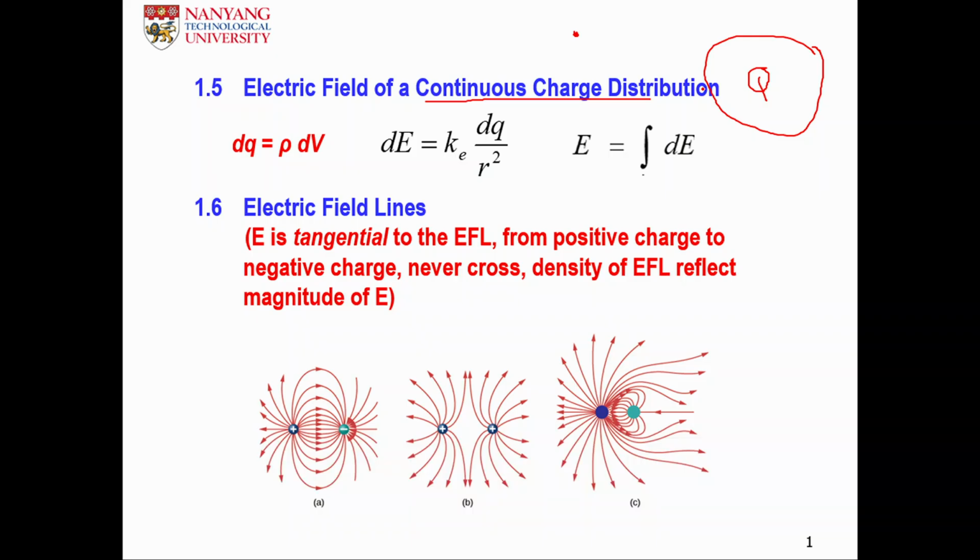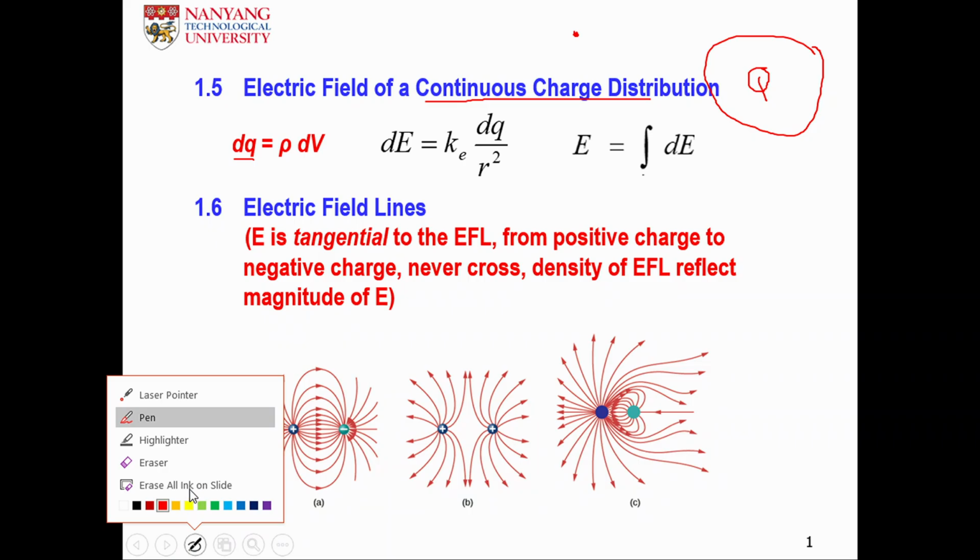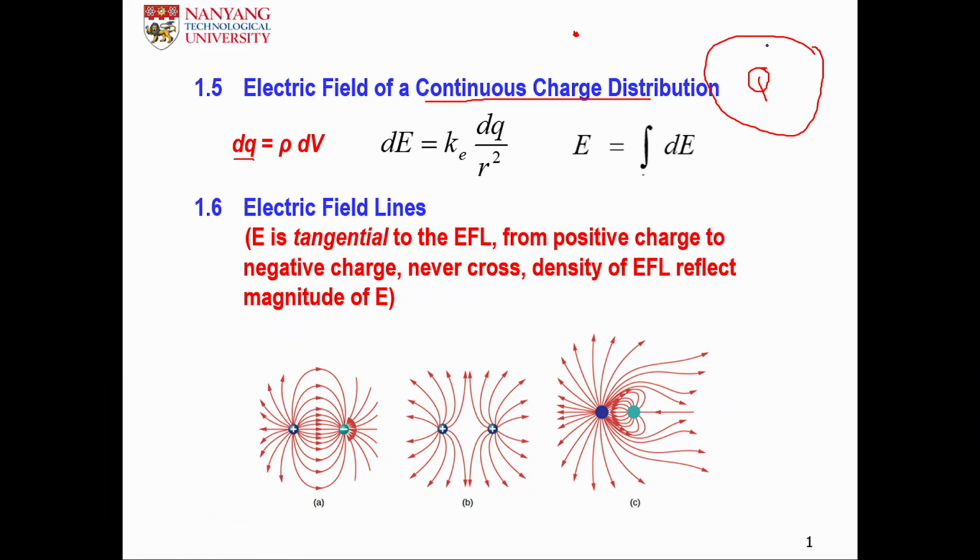The way we do it is first we purposely create or identify an artificial point charge, dq. The way we define dq is like this. We define a tiny portion within the total object.